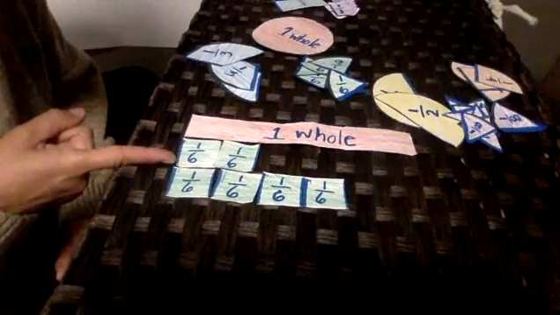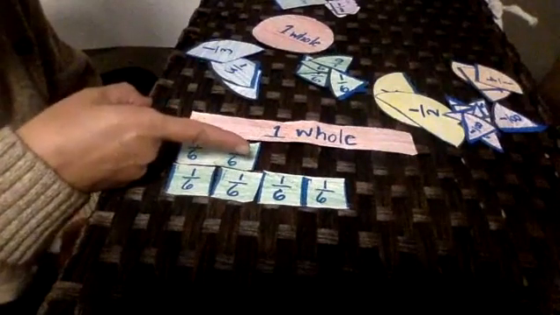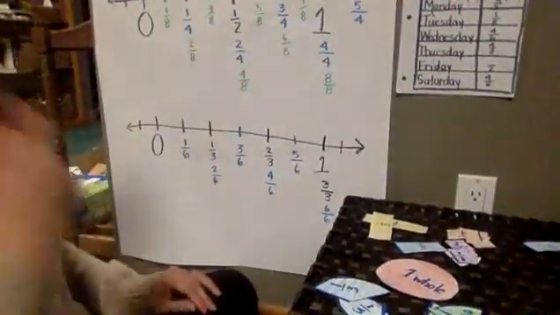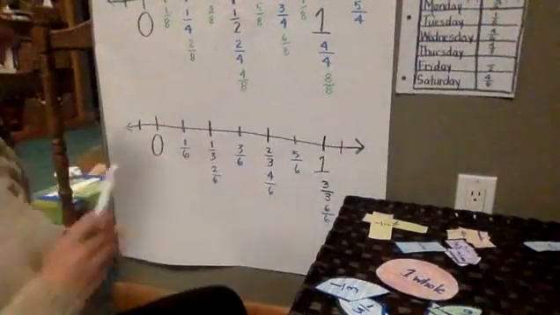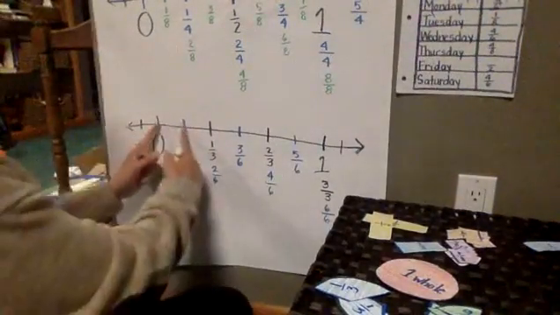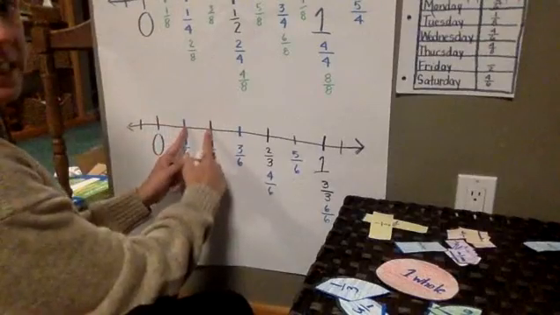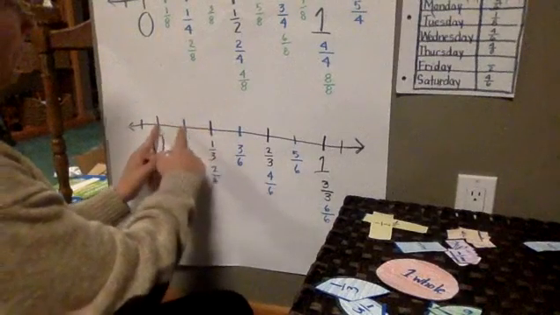So my question is, which day has less? I can see it clearly. Monday has less rain than Wednesday. Good job. But now I want to show it on my number line. Okay, so I'm looking for 2/6 for Monday. So there's 1/6, and this is 1/6, and they have the same amount.